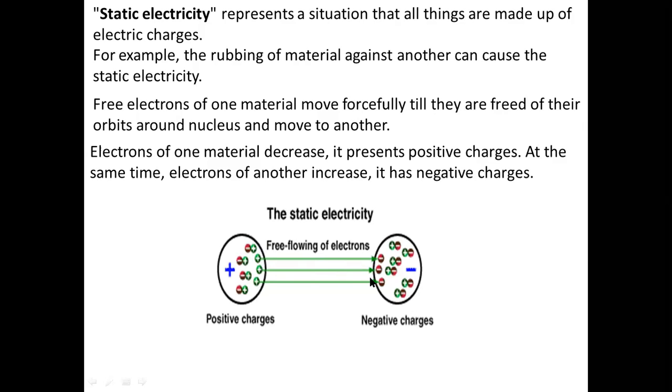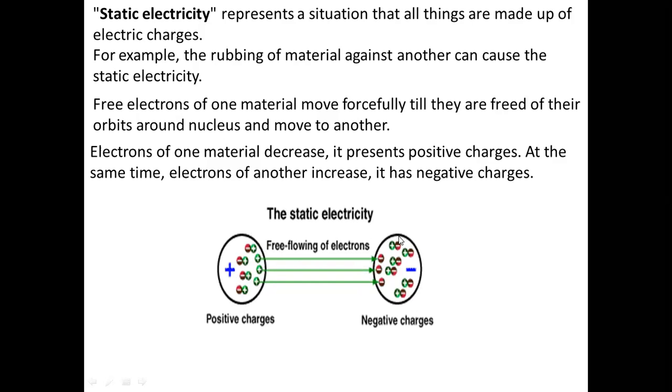So what will happen to the other atom or material? The negative level decreases here because there are fewer electrons. Once electrons go away from the atom, there will be more positive protons. Then this material gets positive charge.